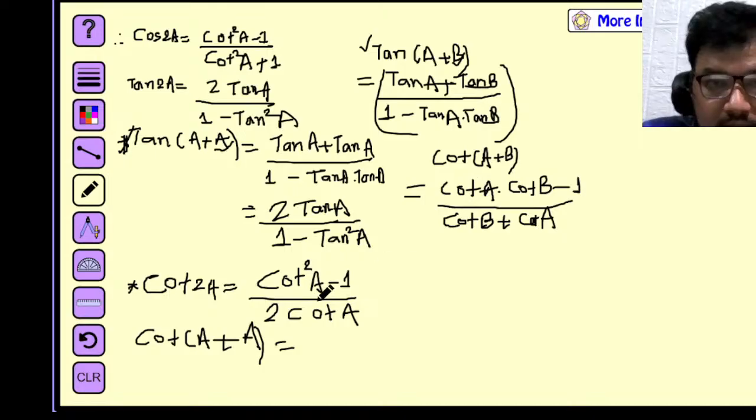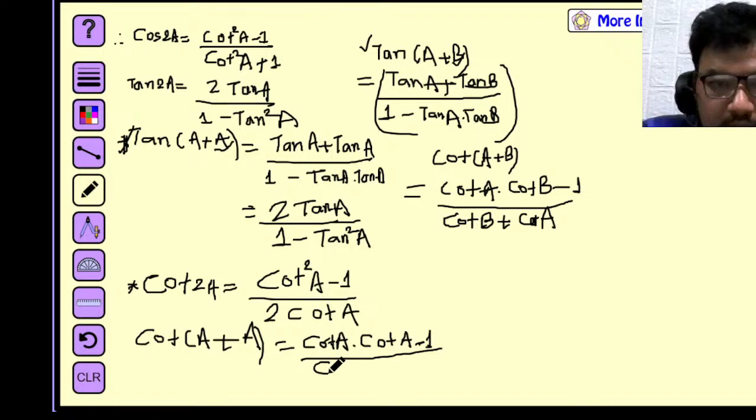Now write it like this: cot A into cot A minus 1, by cot A plus cot A, because in place of B also A there is.